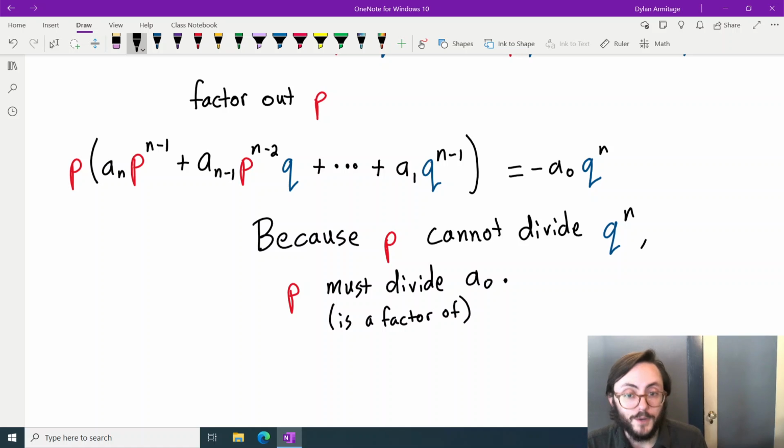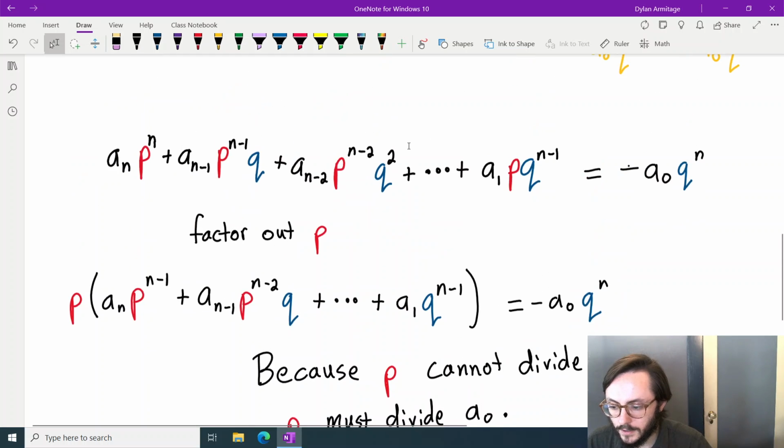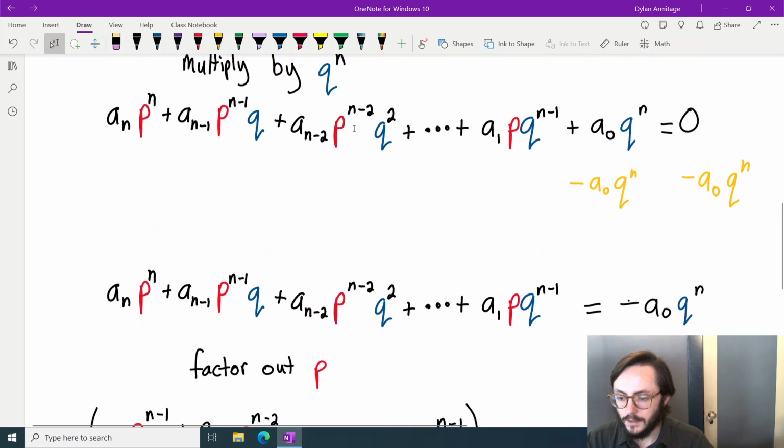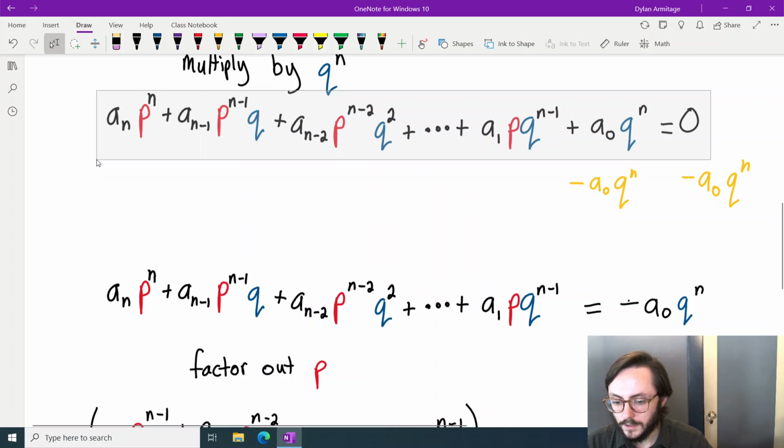What does that mean for q, though? We haven't said anything about q. All we're saying is that p is a factor of a sub 0, our constant term, which we got above. Well, we need to take a few steps back. We're going to start from here, right before we subtract.